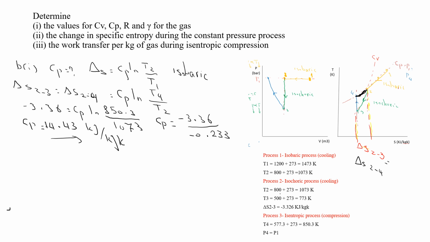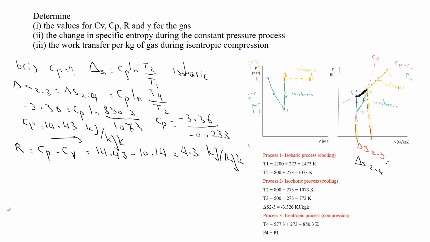Now we want to calculate R. So R is equal to Cp minus Cv. So 14.43 minus 10.14. So this is equal to 4.3 kilojoule per kilogram Kelvin.